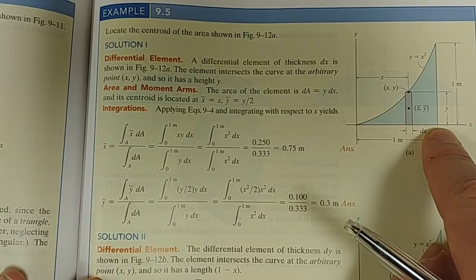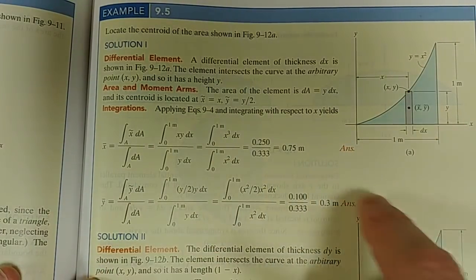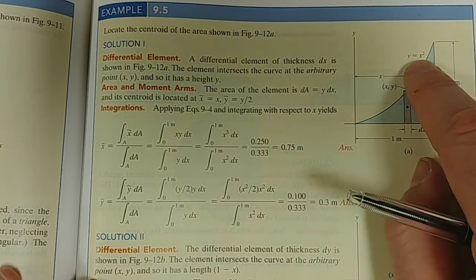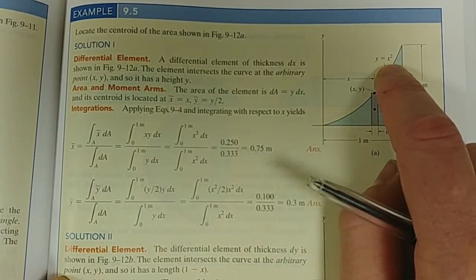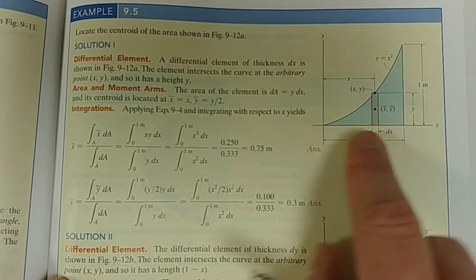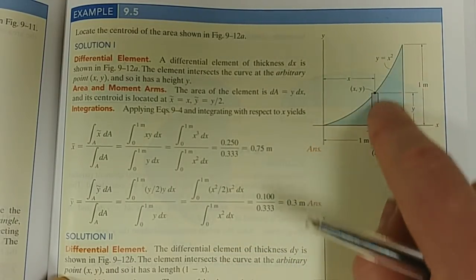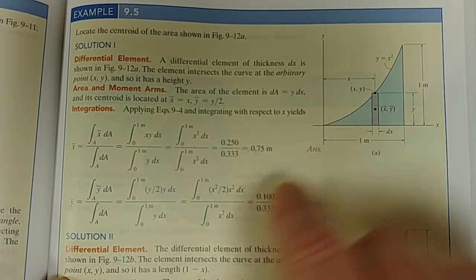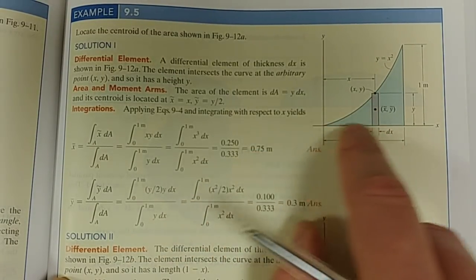Does that make sense? It's increasing exponentially, so my gut feel says the x location of the centroid should be on this side, and it's true. It's 0.75, so it's towards that side.